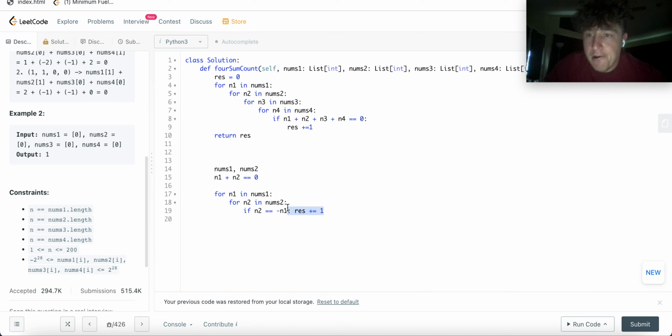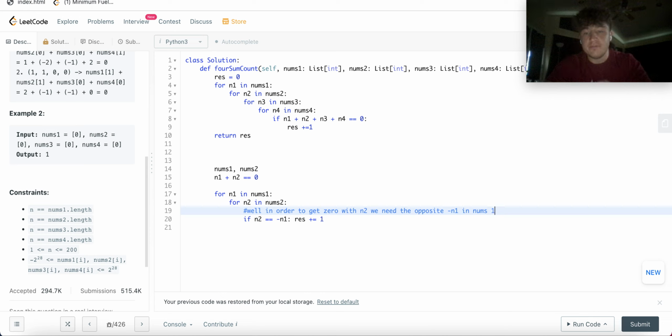Okay, but one way you can look at this is: in order to get 0 with n2, we need the opposite, negative n1, in nums1.